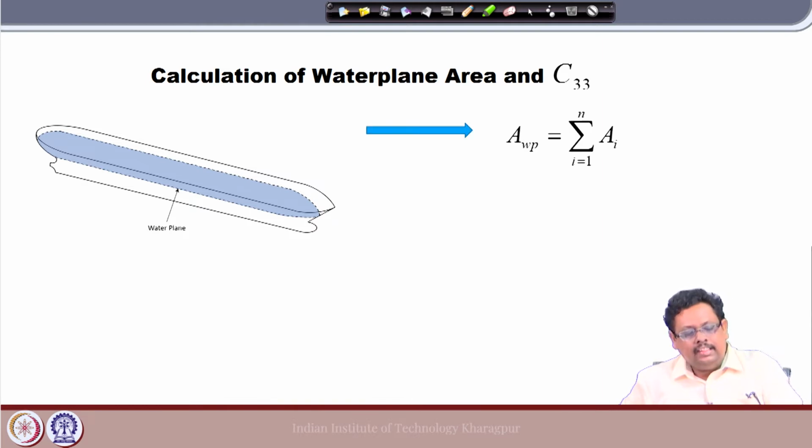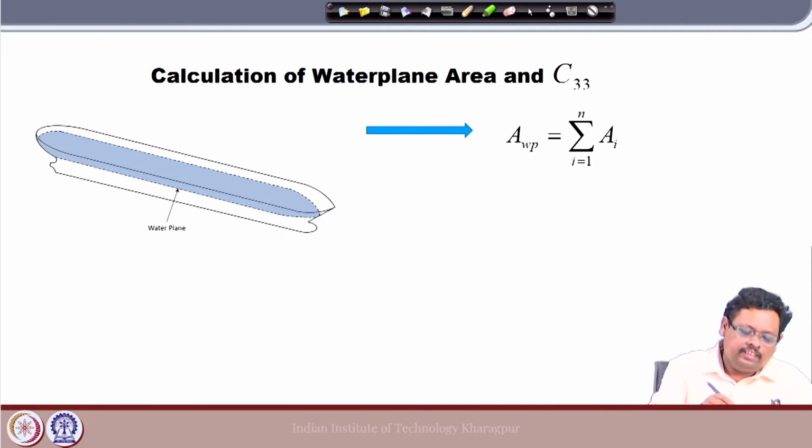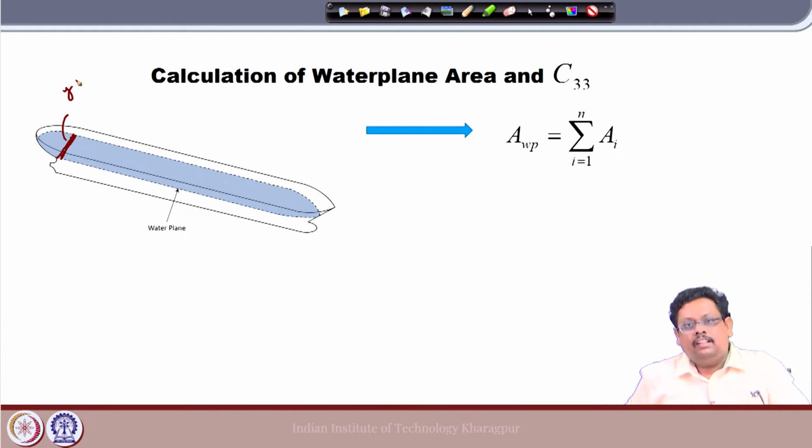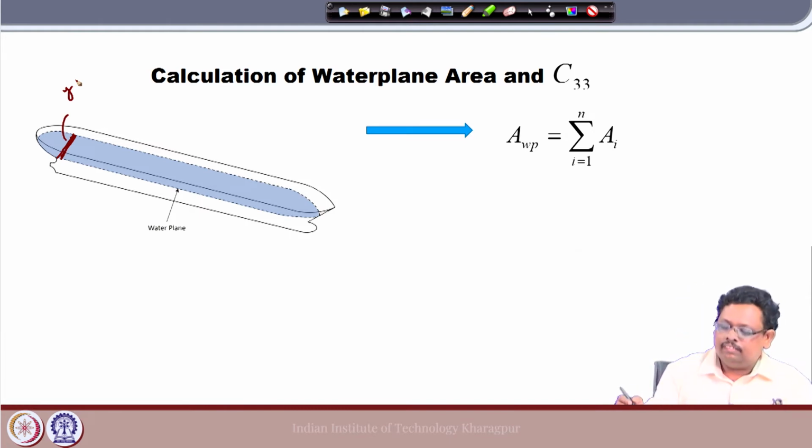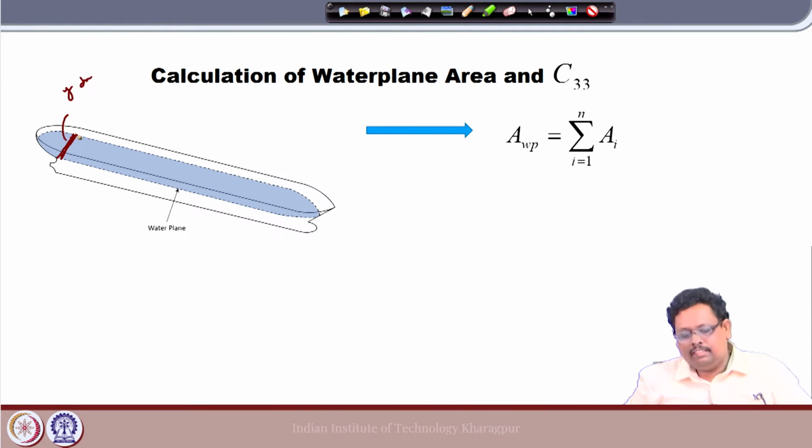As I discussed last class, if you take a small strip along this axis, and this is basically your y, and you multiply by the dx, you can get the area.